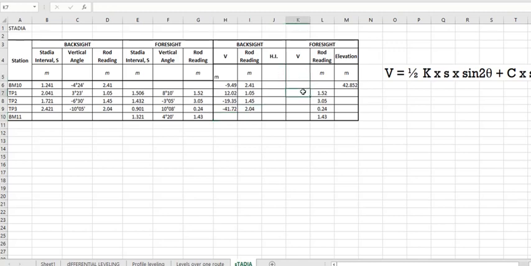Let's compute the V, or the vertical distance. So we have 0.5 times 100 times S of 1.506 times sine 2 theta, with theta of 8 degrees 10 minutes.